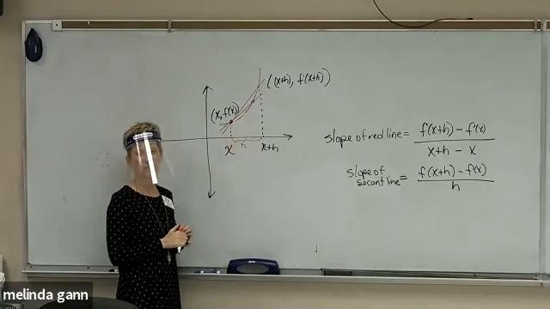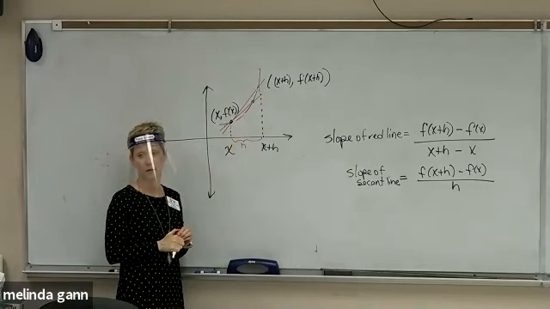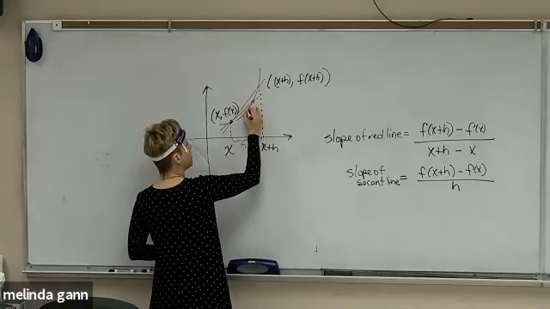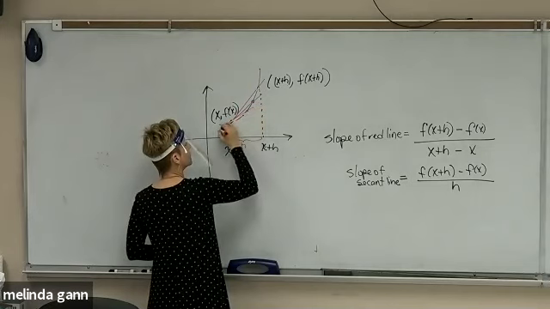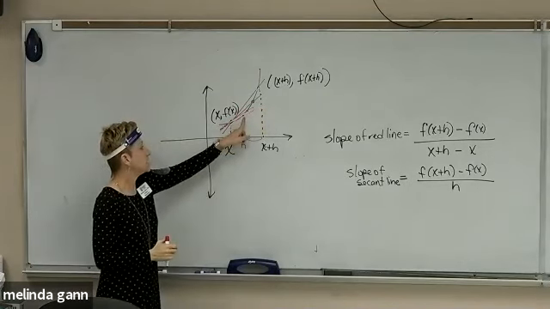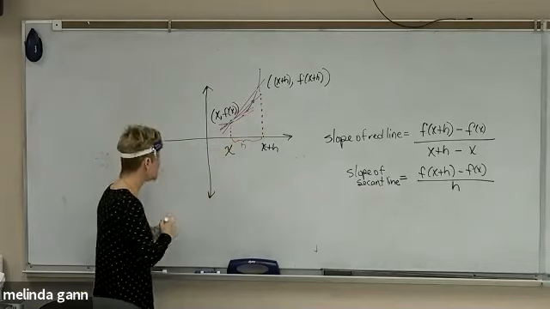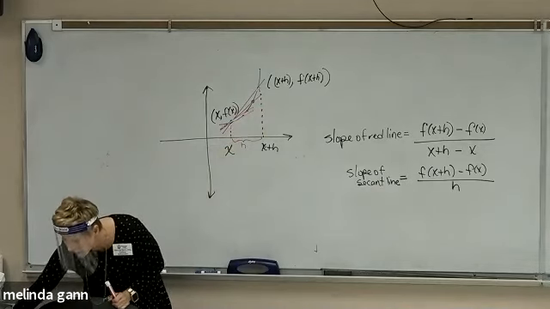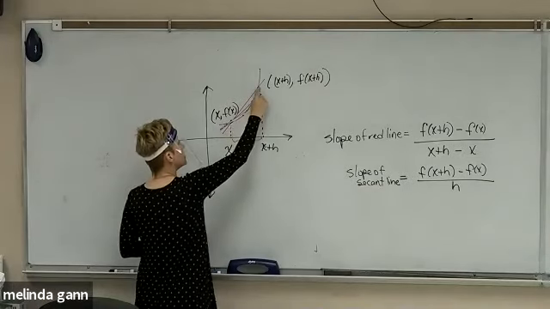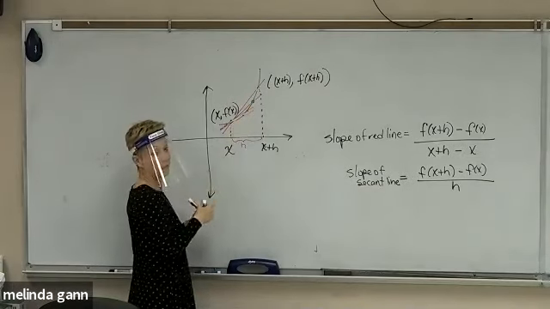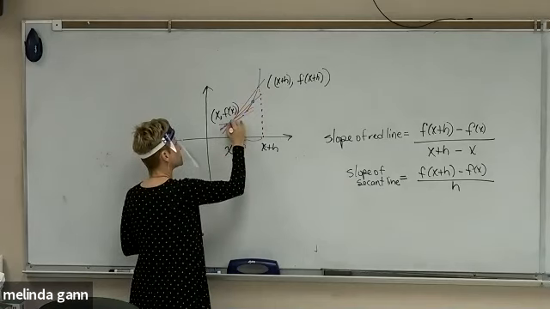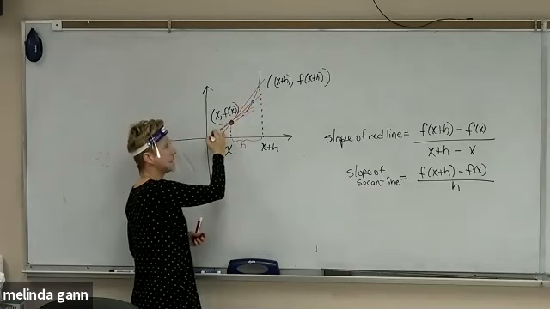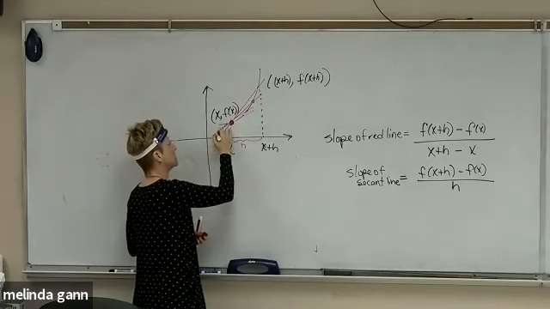Is the slope going to be the same or different? Different. As I move this point down this curve, doesn't this secant line get closer and closer? What would happen if this point was right on top of that point? If it was right on top of that point, what kind of line would I have then? It wouldn't be secant, it would be what? Tangent.